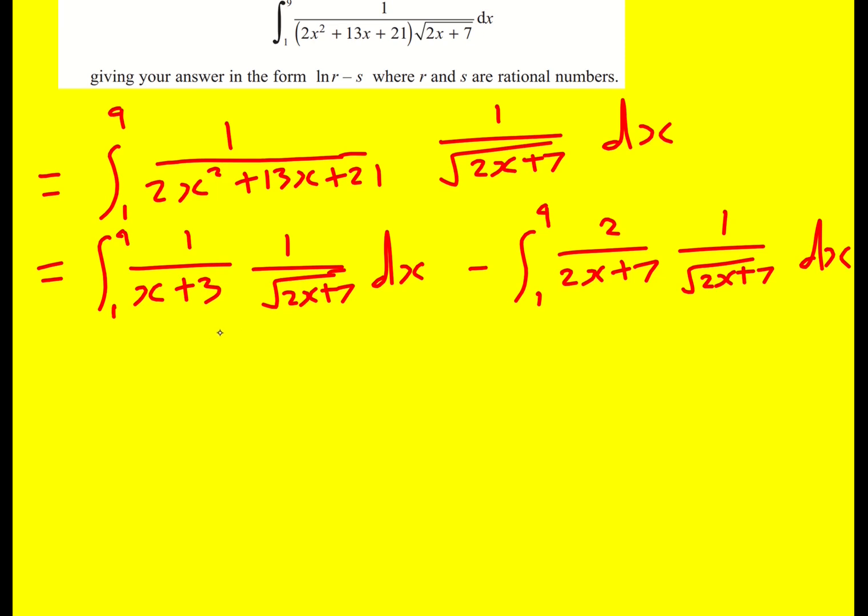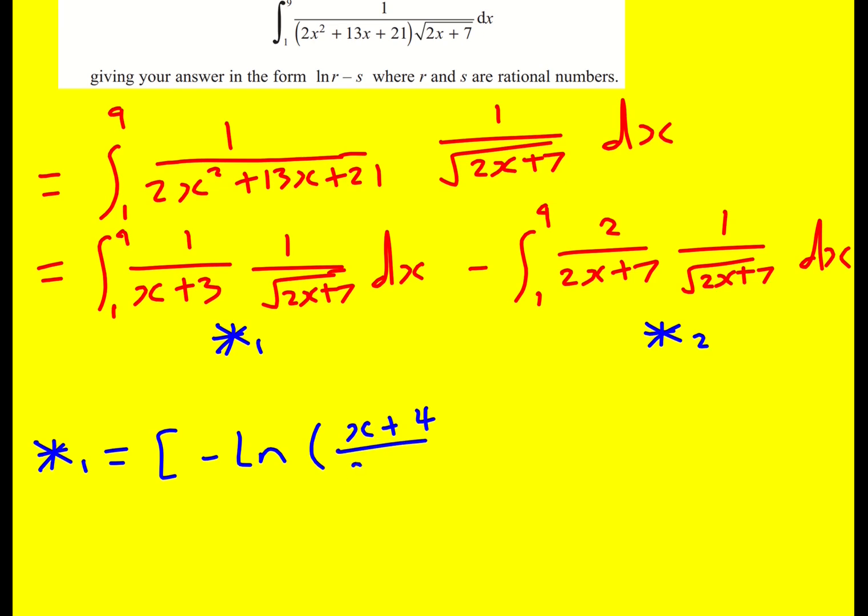Now maybe I call this one star 1. I call this one star 2. So star 1 is going to be the result we had before, minus ln (x plus 4) over (x plus 3).